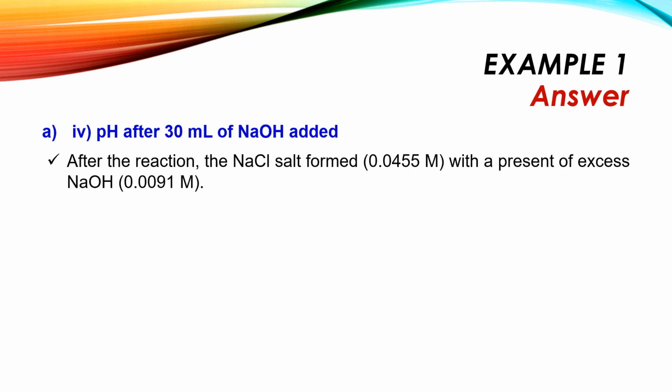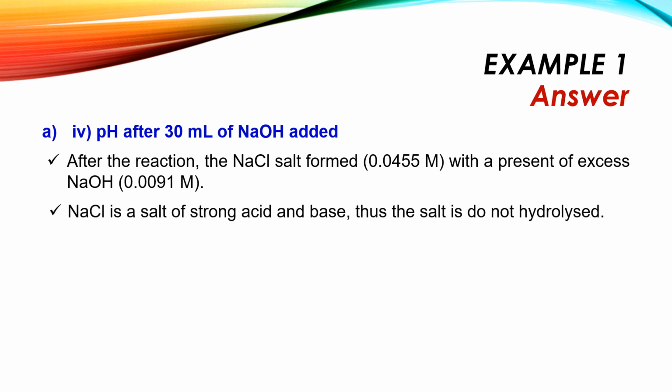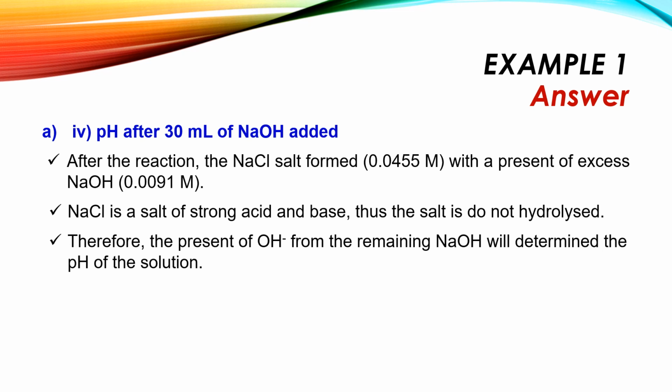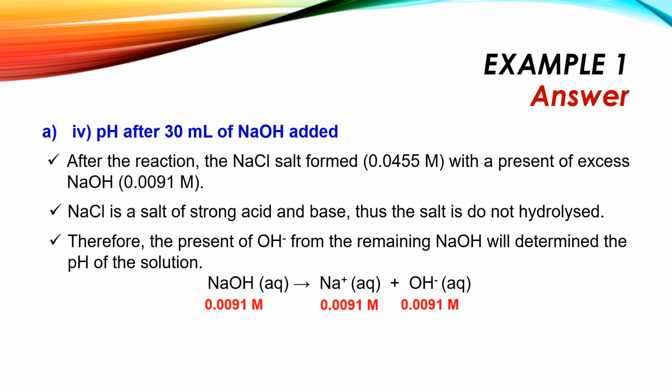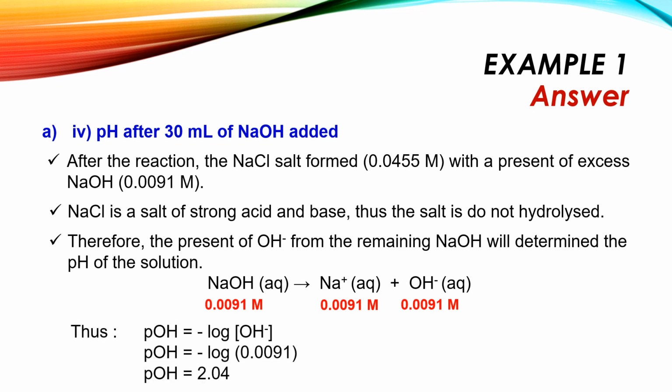After the reaction, we can observe that sodium chloride salt is formed in the presence of excess sodium hydroxide. The sodium chloride is a salt of a strong acid and base, thus the salt does not hydrolyze. Therefore, the hydroxide ion from the remaining sodium hydroxide will determine the pH of the solution. But before that, we have to calculate the value of pOH from the base.